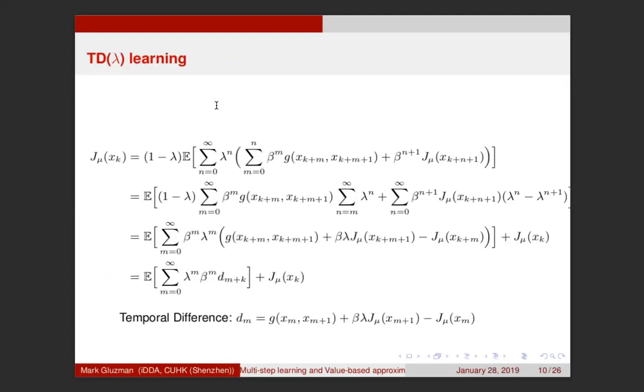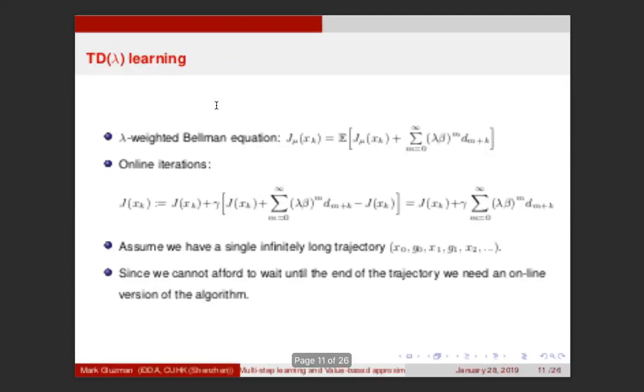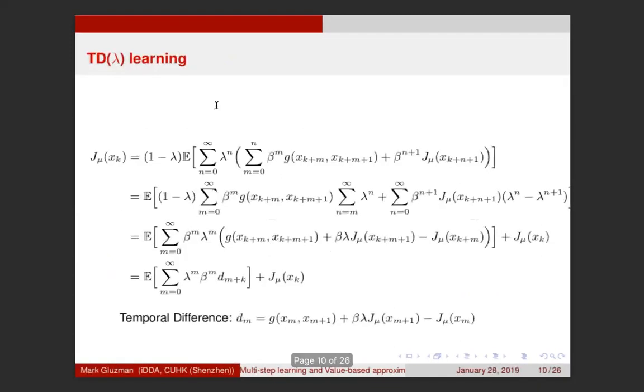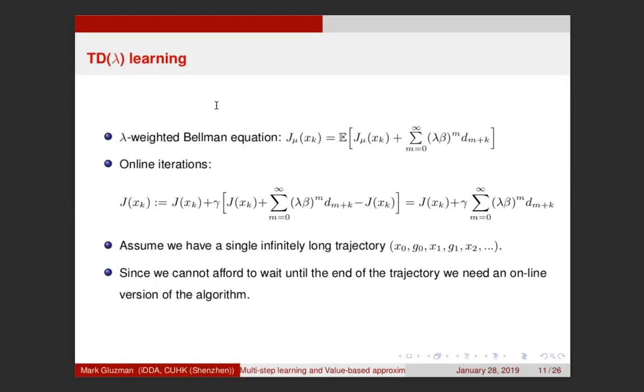Okay. So then we basically wrote our Bellman equation the following way. Then when we have an expectation and we have an estimation of the term inside, we can update our estimation in online fashion.